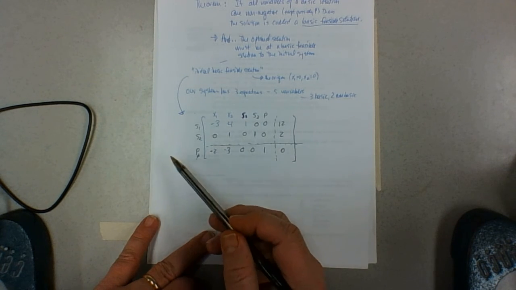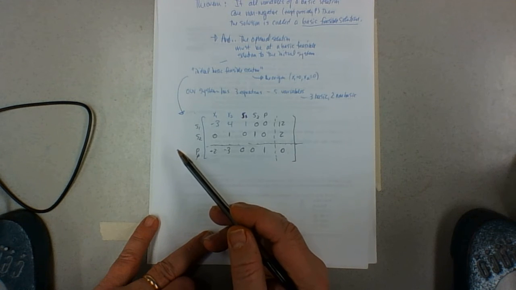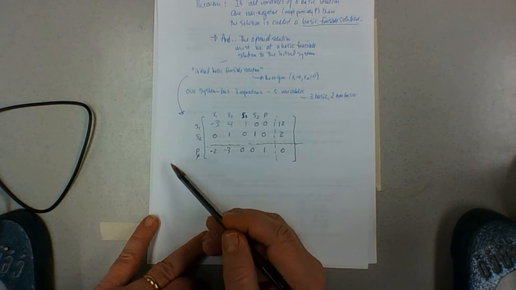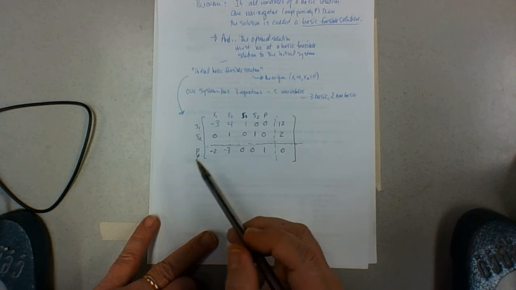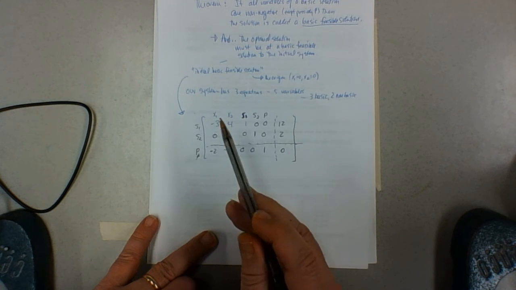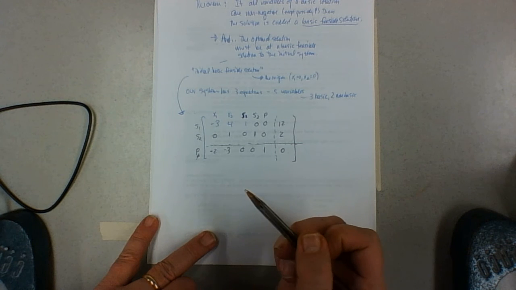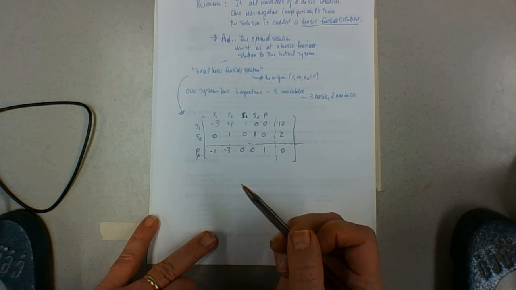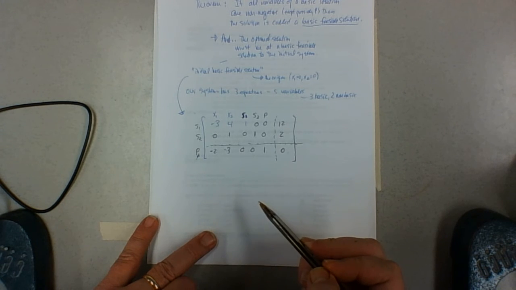Remember our basic standard maximization problem has a bounded feasible region. What we're trying to do is get out to the farthest, most outreach point where our objective function line intersects the feasible region, remember how that all worked before we had spring break.